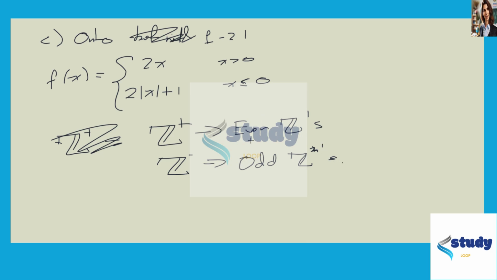And because even and odd integers make up your whole integer set, this is an onto function. And it's also 1-to-1 because the positive numbers are uniquely determined by even numbers, while the negative numbers are uniquely determined by odd integers as well. So this is both onto and 1-to-1.